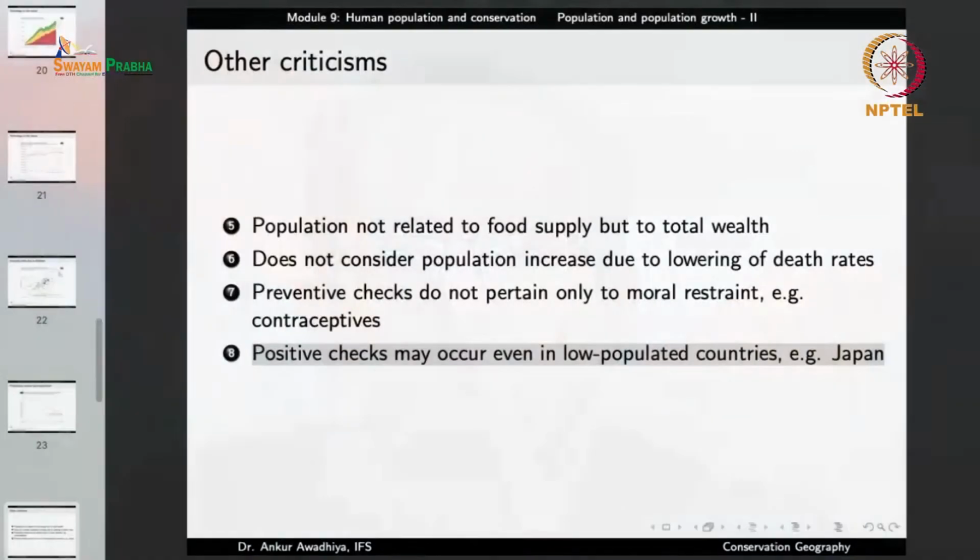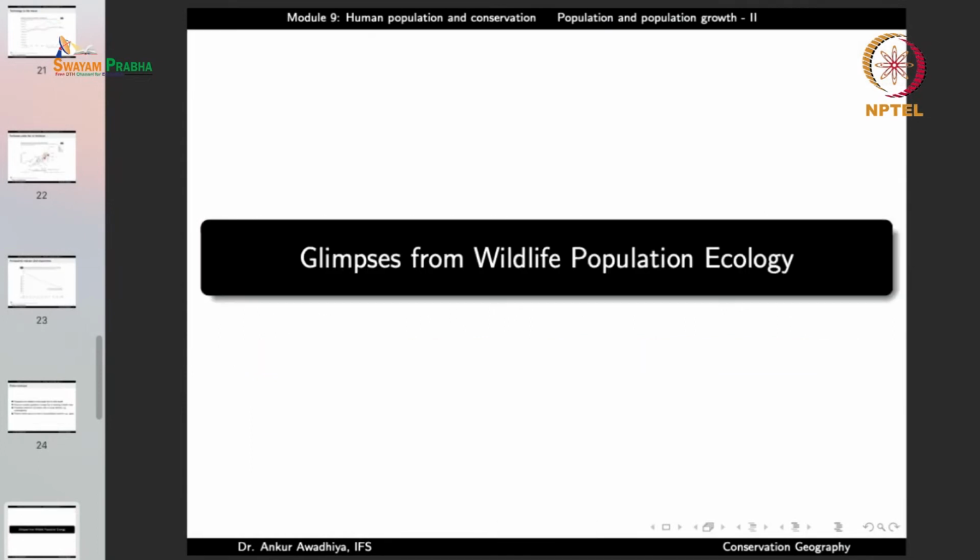But then it has been observed that we have these natural disasters or floods or diseases even in those areas that have a low population size. So there is no direct correspondence between the population size and the positive checks. So this is another criticism of Malthus.